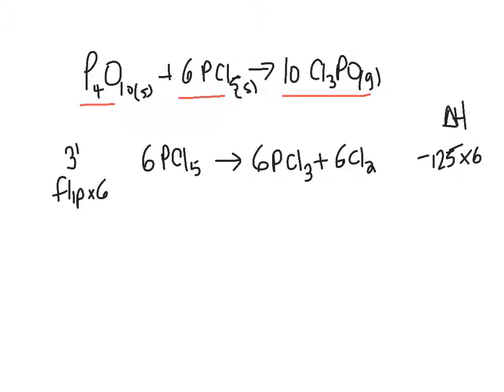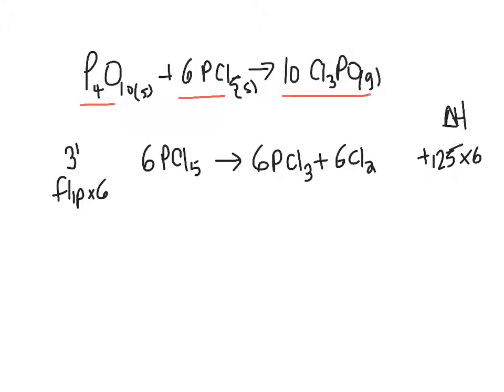It's positive now because I reversed the equation. If you reverse the equation, it was exothermic, now it's endothermic. All right, so equation number 3 is done. So if this was a handout, you would cross out equation number 3 in the book. You're not going to deal with equation number 3 now at all. It's done, it's gone.